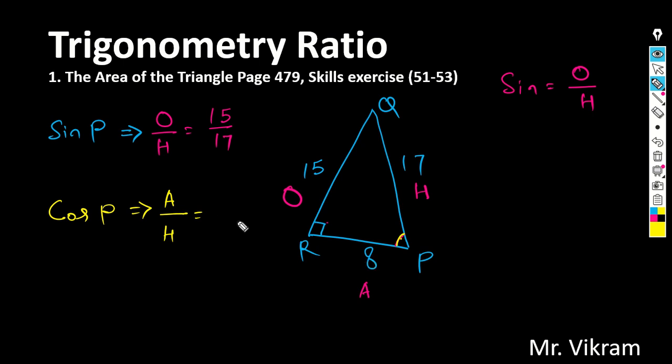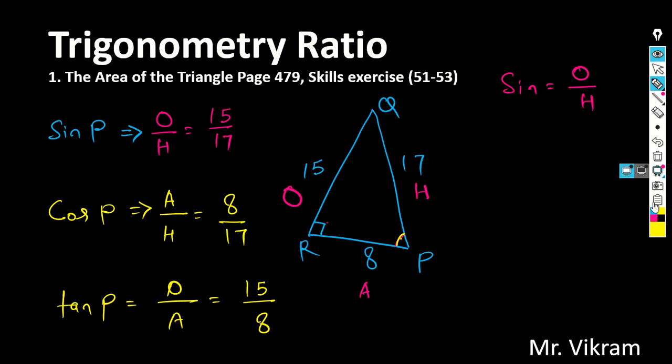Adjacent in this case is 8 and hypotenuse is 17. Let's try for tan P. Tan is opposite over adjacent, right? So tan P from here will give you 15 over 8. That's it, that's your answer.